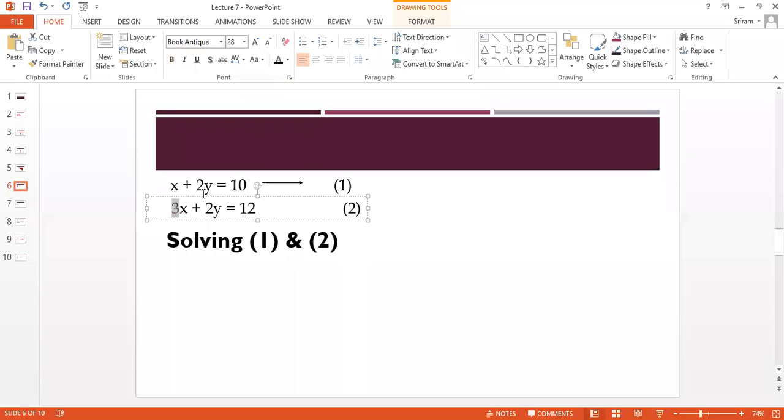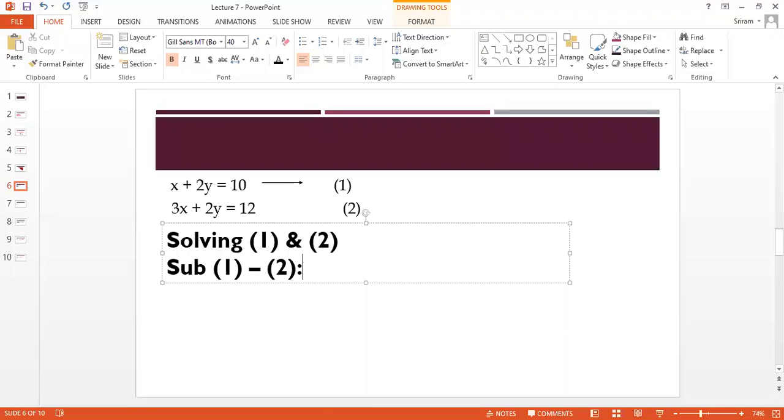We said we are going to check the coefficient of y. In x plus 2y is equal to 10 and 3x plus 2y is equal to 12, I have 2y and 2y, both the same. So for solving, I am going to subtract equation 1 minus equation 2.